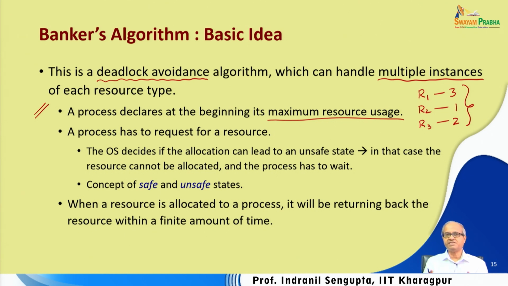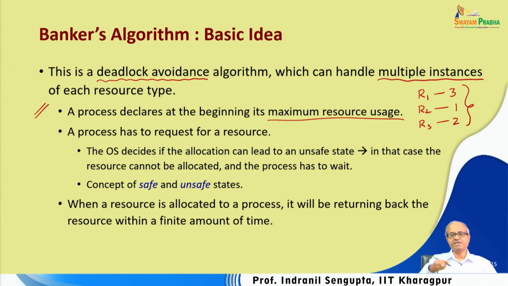But in modern day systems, direct application of Banker's algorithm may be difficult, because a priori you do not know the maximum resource usage. During execution only you will come to know, right. And the other thing is that as part of this algorithm, as I have already mentioned, every process will declare how much maximum resource it needs.